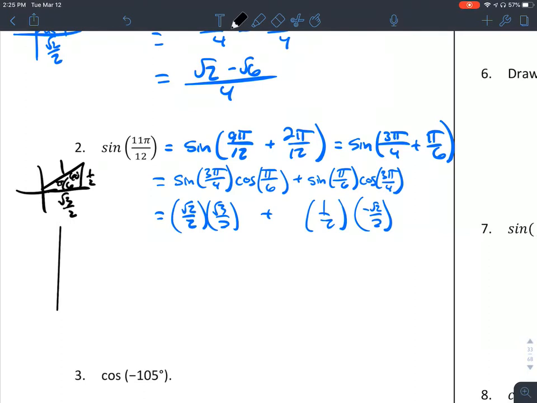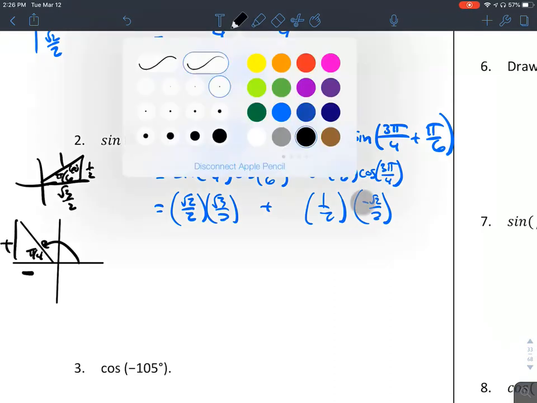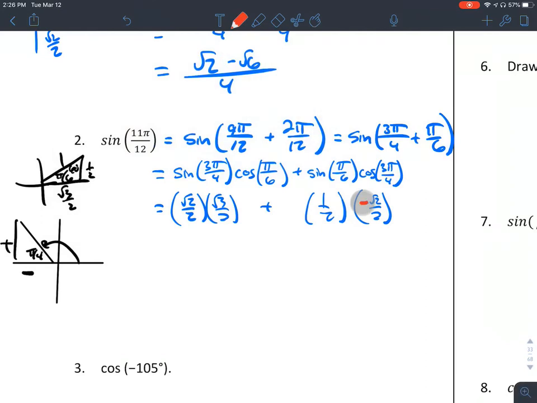And 135, or 3 pi over 4, is going to be here in quadrant 2. This is negative, and the y value is positive. That's why this here was a negative square root of 2 over 2. The most common mistake folks make on this is they don't make this negative. I'll make it red for emphasis.